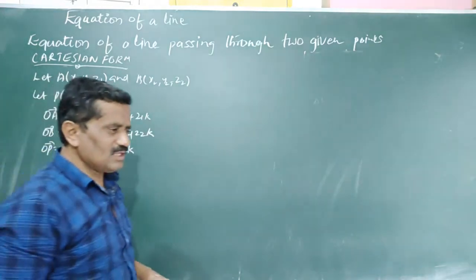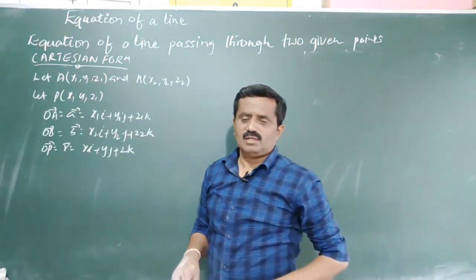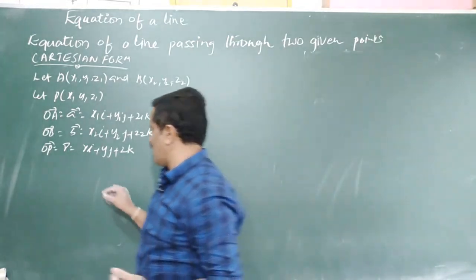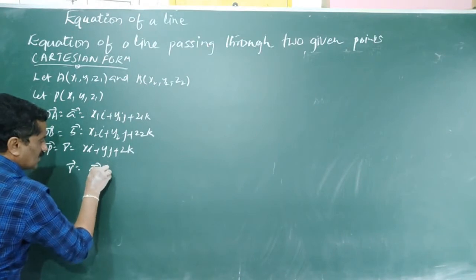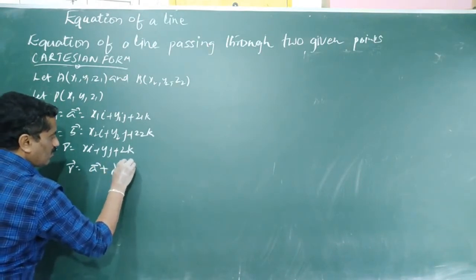So now, what is the vector equation of the line passing through 2 points? That is, we have R bar is equal to A bar plus lambda of B bar minus A bar.